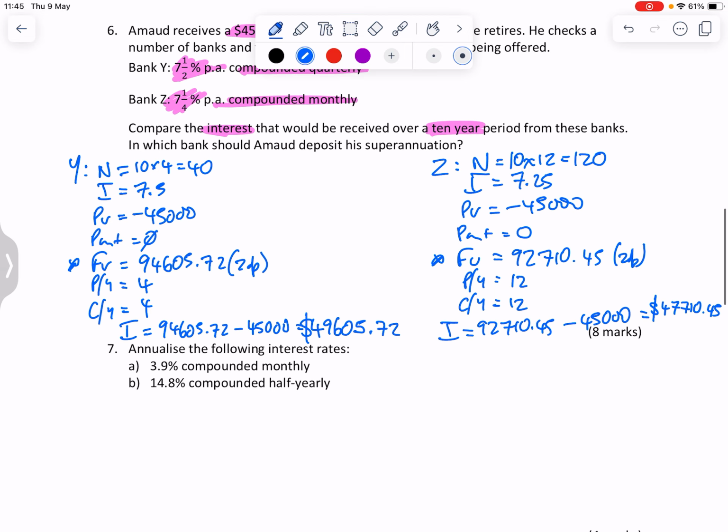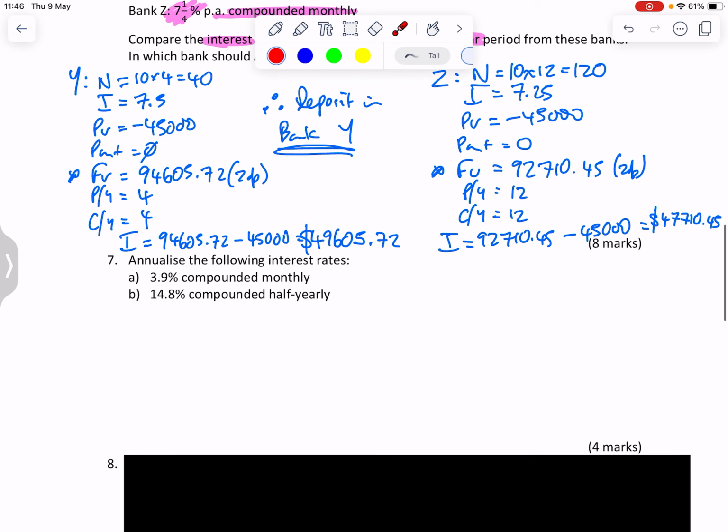We just found those in which bank. So therefore, deposit in bank Y. Why? Because he gets more. 49,605.72 versus 47,710.45.